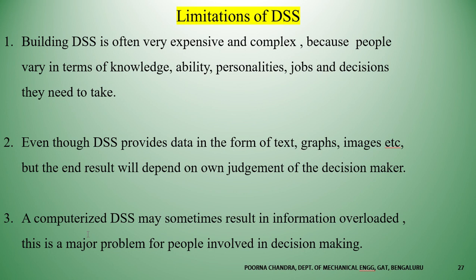Next, a computerized DSS may sometimes result in information overload. This is a major problem for people involved in decision making. Plenty of data or information is collected, and people find it difficult to take proper decisions with that. These are the major limitations of DSS.